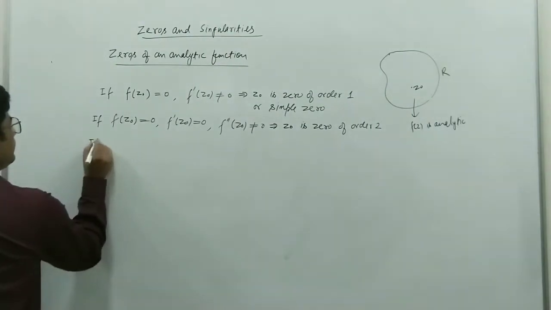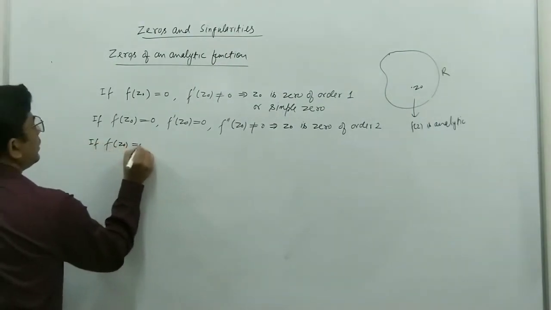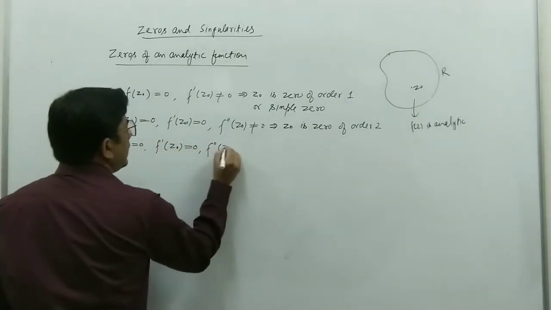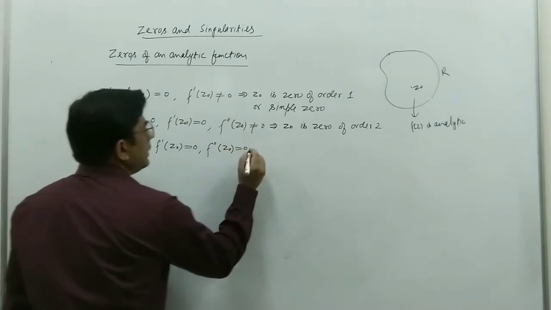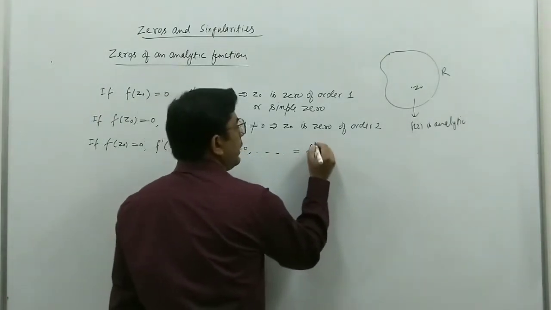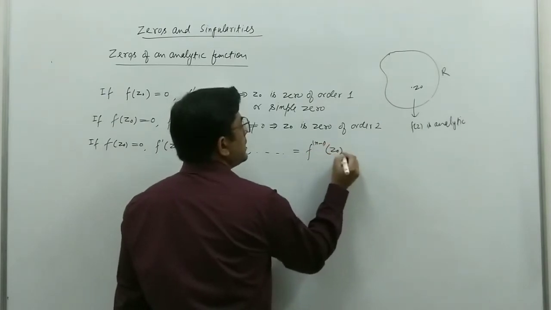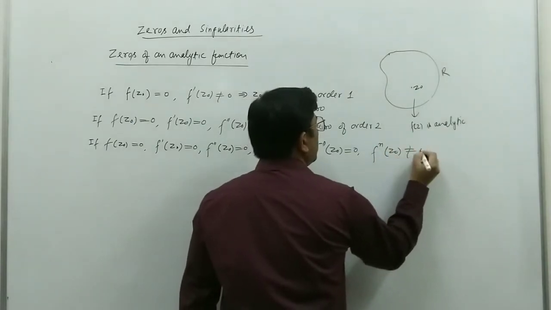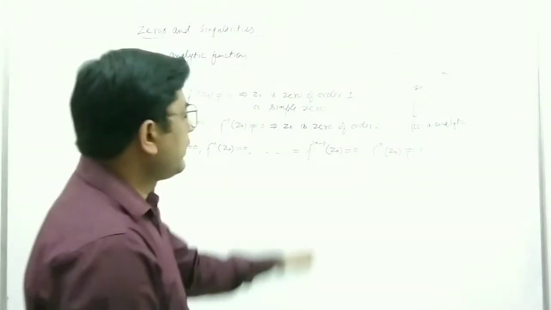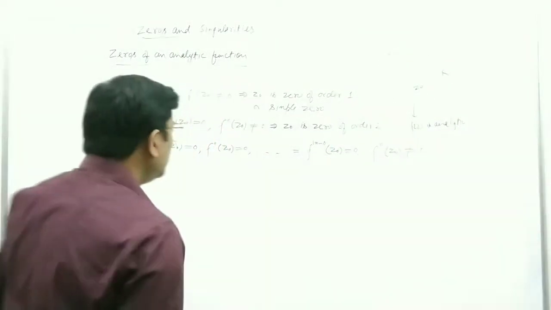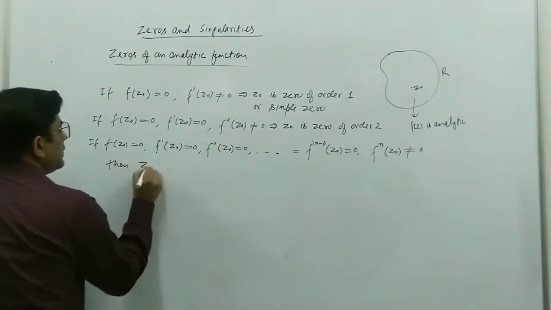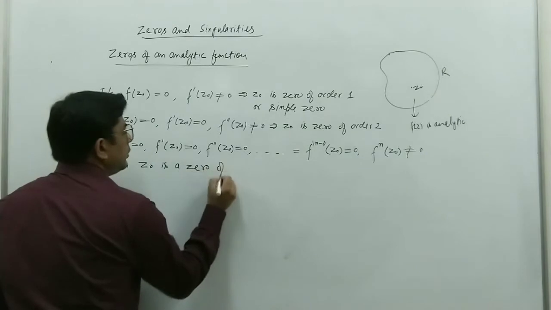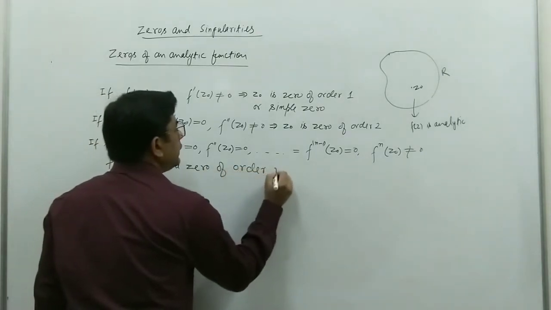So if f at z naught equal to 0, f dash at z naught equal to 0, the double derivative at z naught equal to 0, and so on, up to the (n minus 1)th derivative at z naught equal to 0, and if the nth derivative at z naught is not equal to 0, then in that case z naught is a zero of order n.